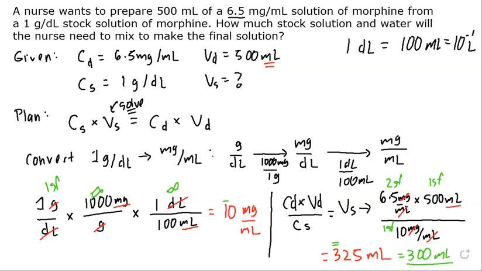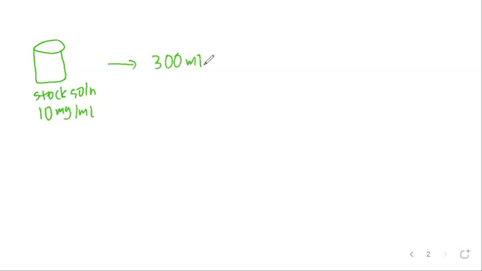So how you would actually prepare this if you were making it, we know we need 300 milliliters of our stock solution. So what you would do is you would take your stock solution and you would measure out 300 milliliters of that. And then you would add it to a 500 milliliter volumetric flask.